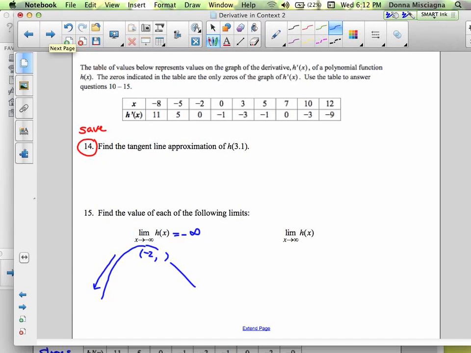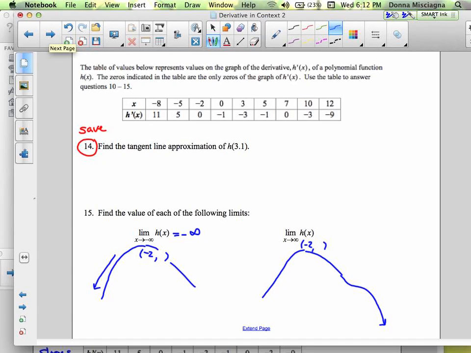Then we want to find the limit of h of x as x approaches positive infinity. Kind of the same graph there. After it gets to that relative maximum at negative 2, the function decreases, and it keeps on decreasing. Actually, it has some kind of horizontal tangent in there at 7, but it's not a relative max or min because it keeps on decreasing.